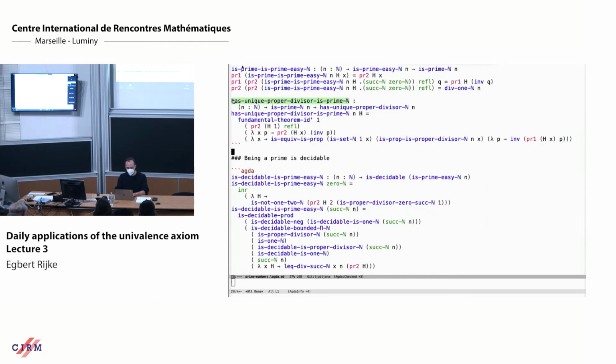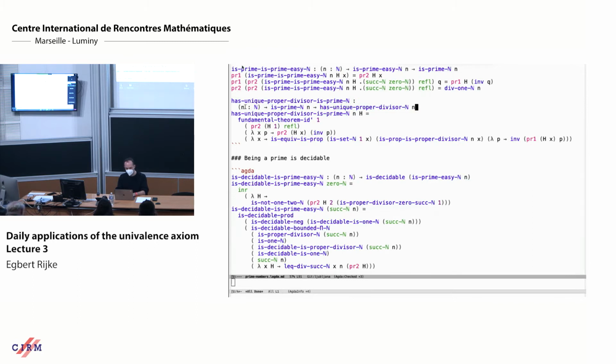Okay. So here's the statement. We claimed that if a natural number is prime, that's this here, then it has a unique proper divisor, and this is that statement that the total space of proper divisors is contractible. So this is what we proved.